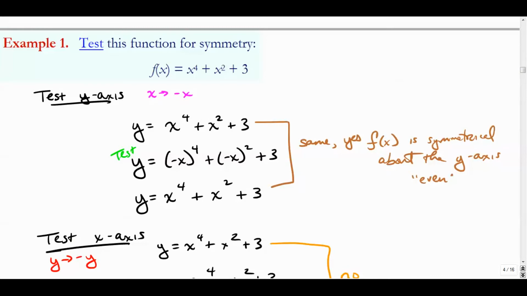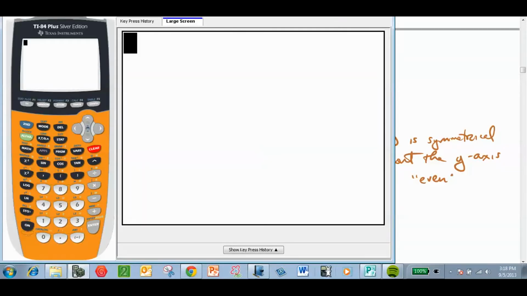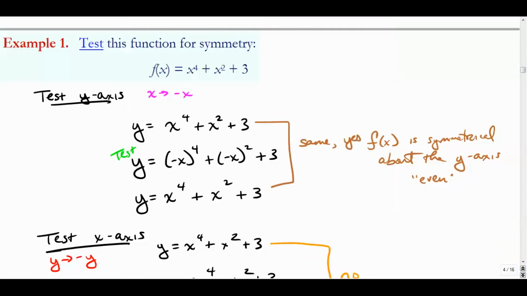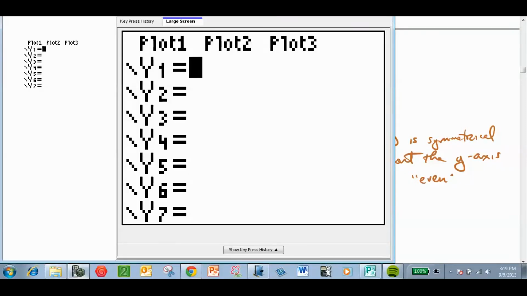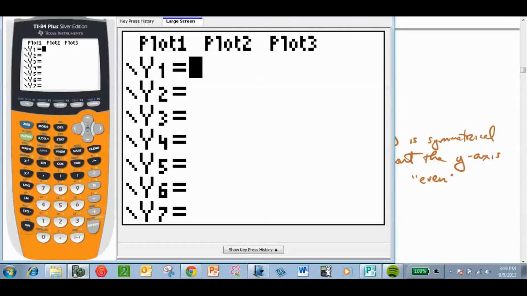And if you wanted to graph that, it might be a good idea. Let's put this into our graphing calculators and just confirm what it looks like. So I'm going to go into my calculator now, if I can pull it up here. It doesn't seem to be working right now. There it is.